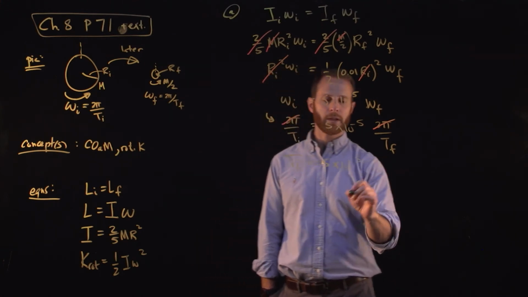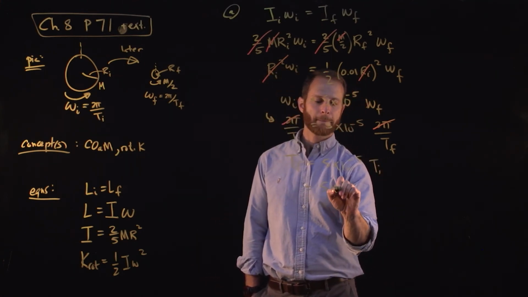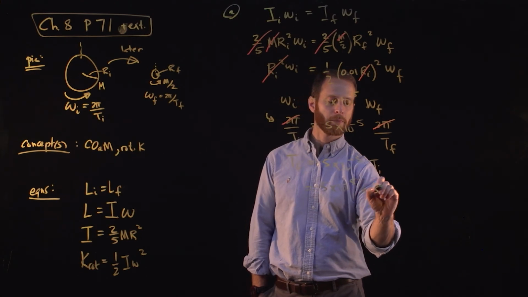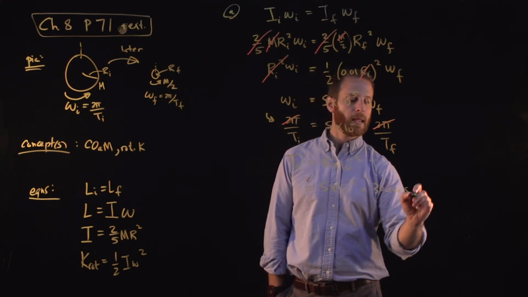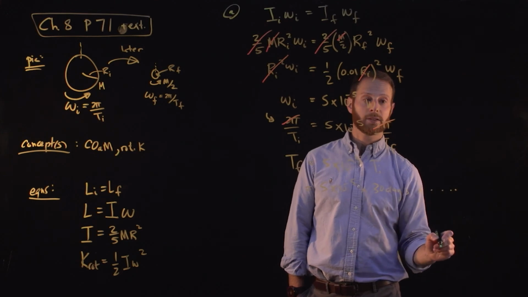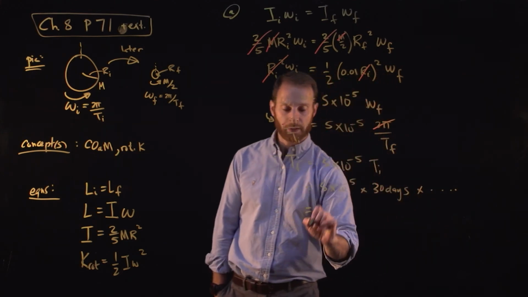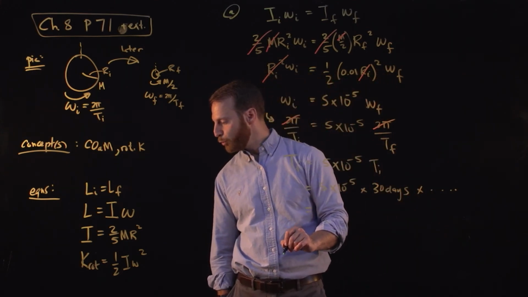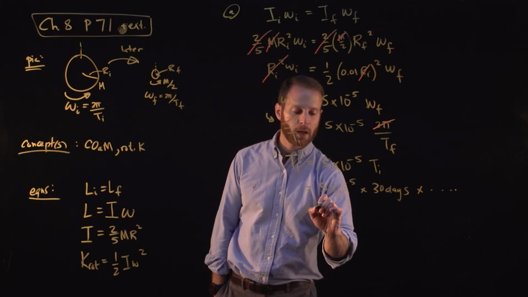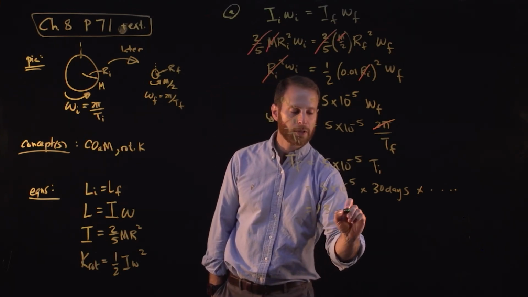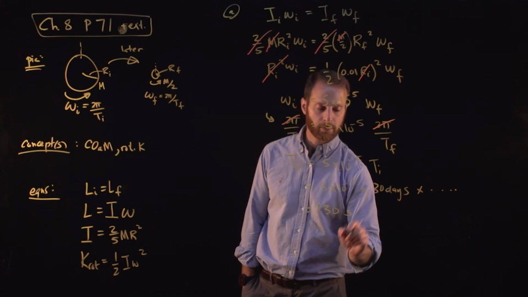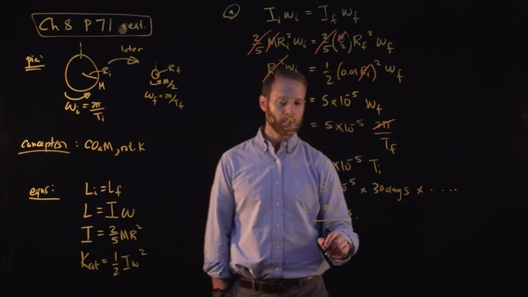This is the 30 days. And then I'll let you convert that into seconds. What you should find is that this is approximately a little more than 2 minutes or so. I get this to be about 130 seconds.